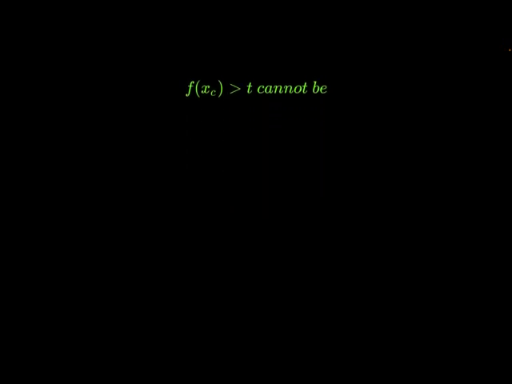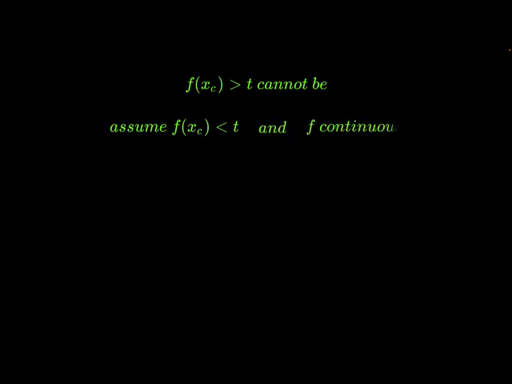Similarly, we could assume f of x sub c was less than t, and with the hypothesis that f is continuous, we're left with a neighborhood around x sub c such that for any x in that neighborhood, f of x is less than t.